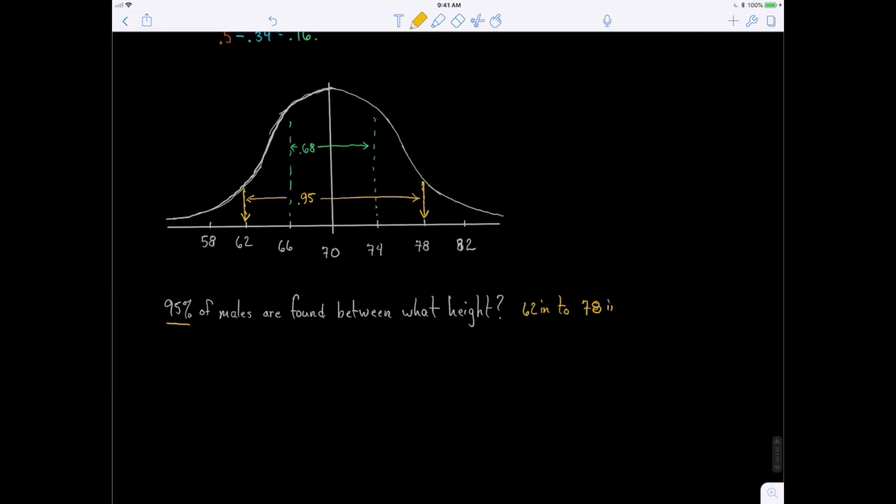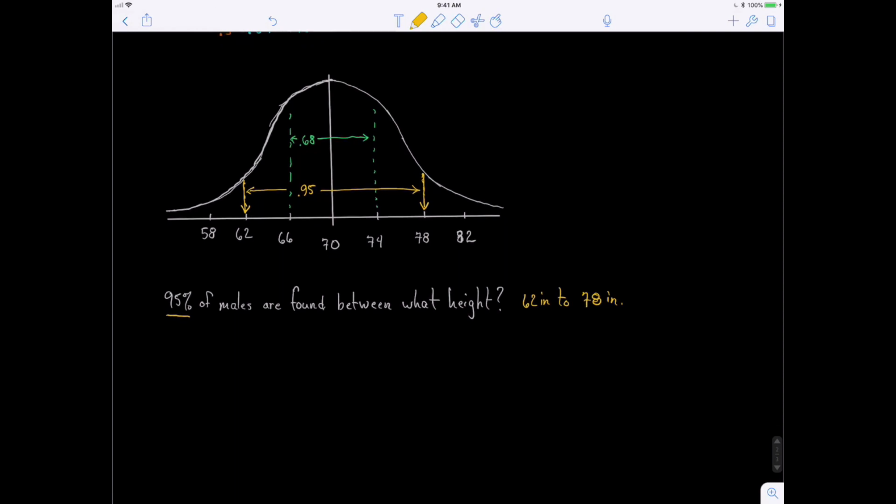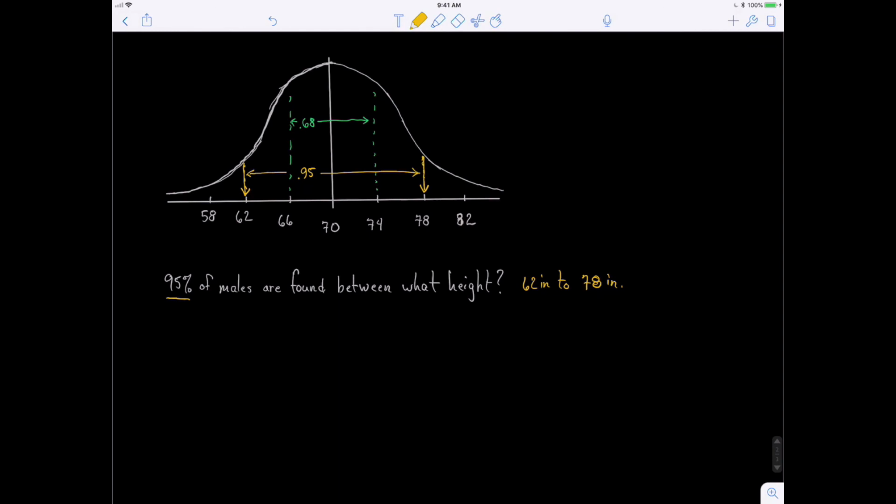78 inches. And let's say we wanted to convert those back into feet and inches, because that's the way most of us would share our height with someone. We would say that they're 5'10" or 5'8" or something like that. So let's do that. Here's how we do this. We take our 62 and we divide it by 12.